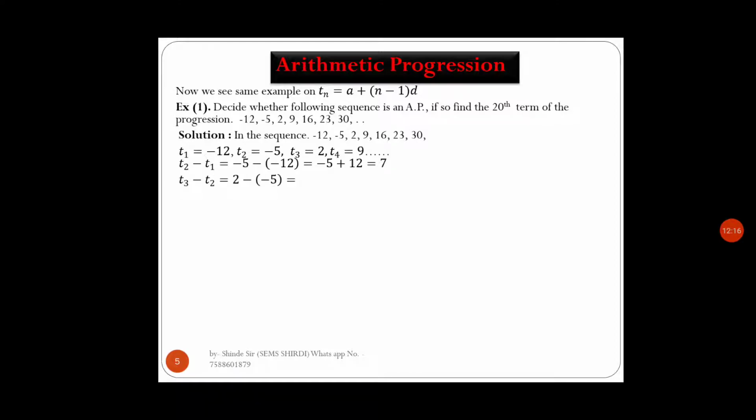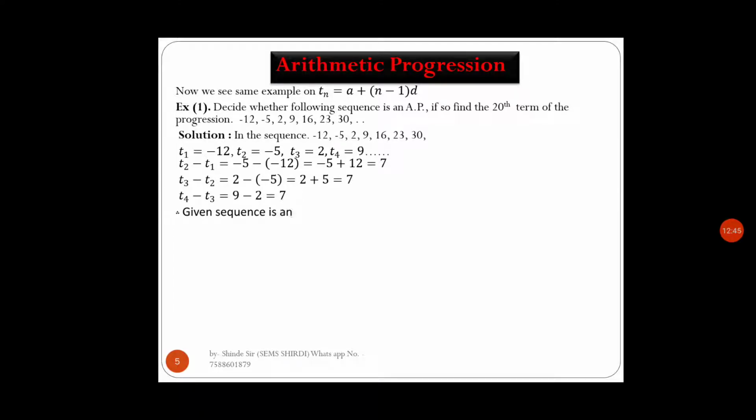Now T3 minus T2 is equal to 2 minus 5, similarly here we get 7. So the difference between two consecutive terms is constant. Then similarly T4 minus T3 is equal to 7.